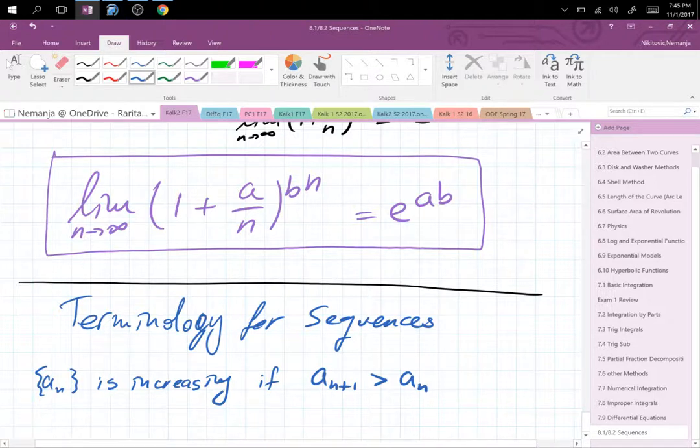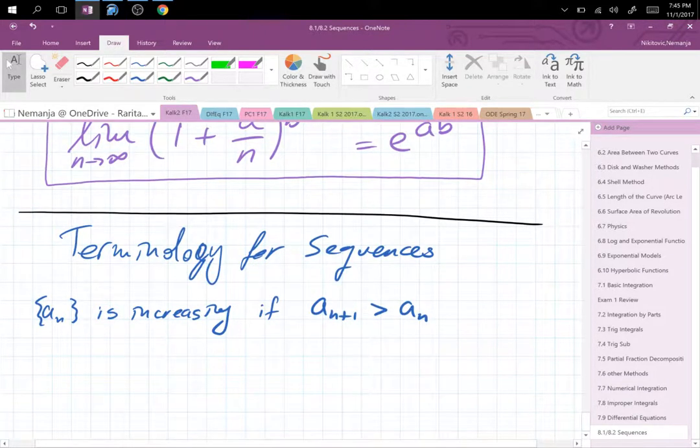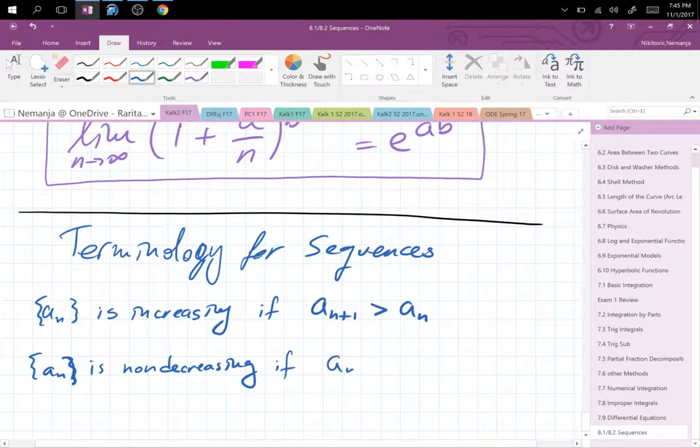This simply tells us that the next term is bigger than the previous. a_n is non-decreasing, and now you have the equal sign.